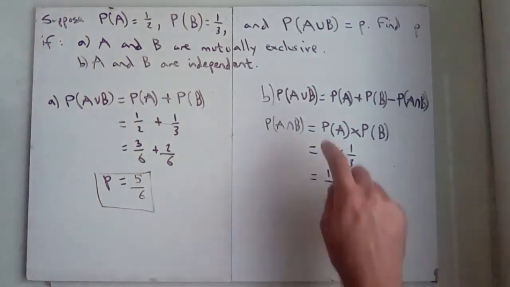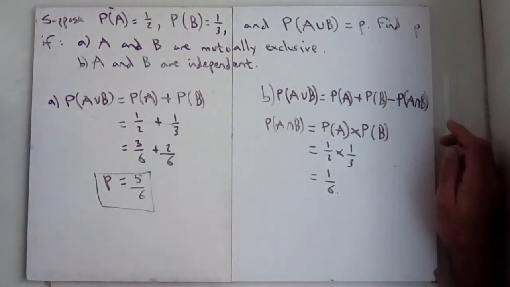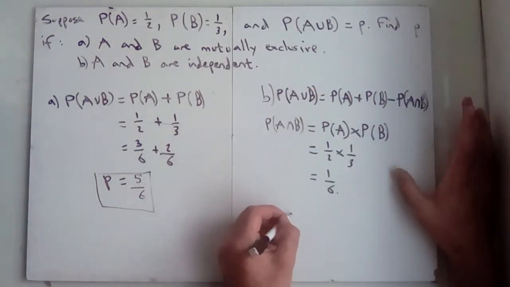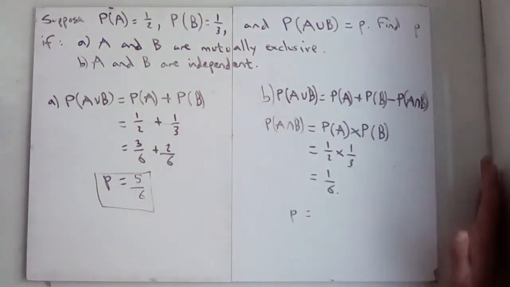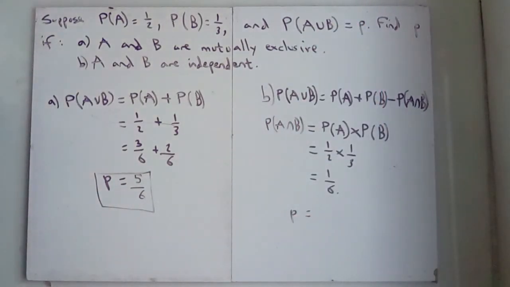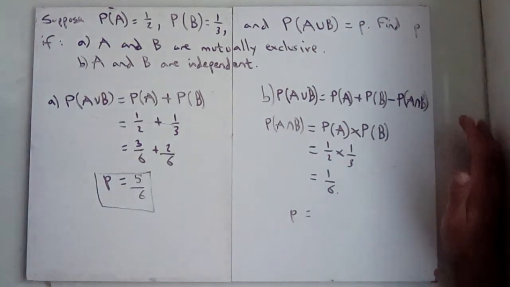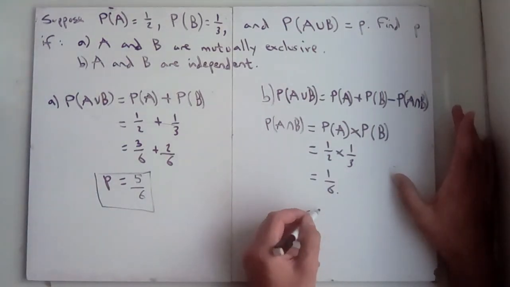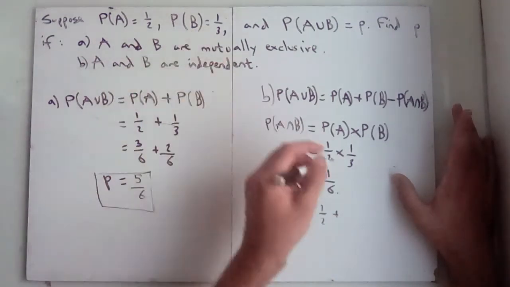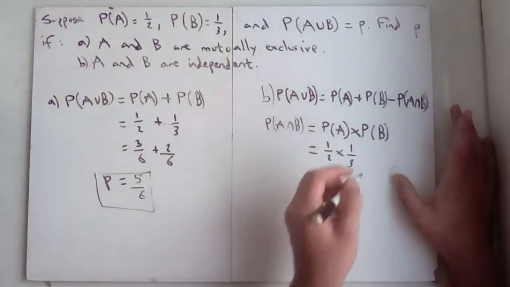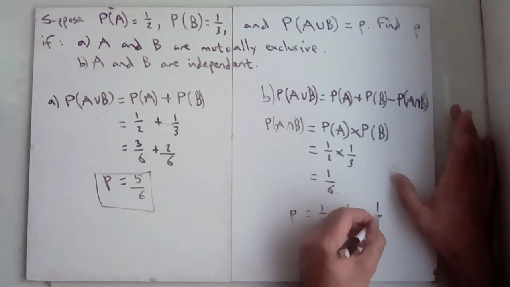So now, if we want to find p, P(A union B), so p, which is P(A), this p, to be honest, doesn't benefit the question in any way. Probably should have written it differently. Equals P(A), which was 1/2, plus P(B), 1/3, minus P(A and B), which was 1/6.